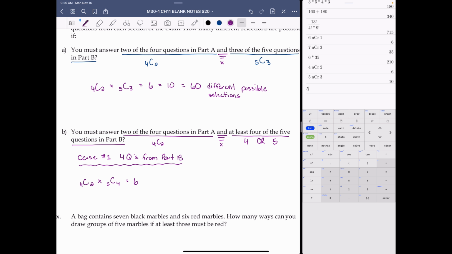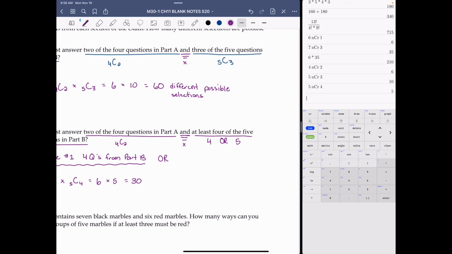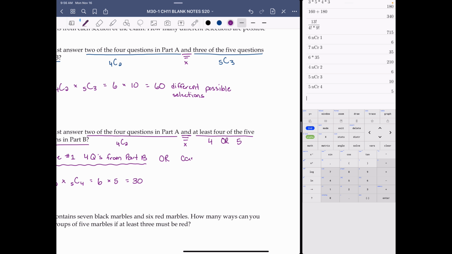Then 5C4 is 5, so 6 times 5, which is 30. That's for case 1. Or we have case 2, which is 5 questions from part B.